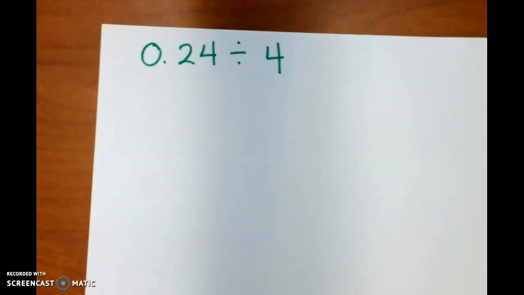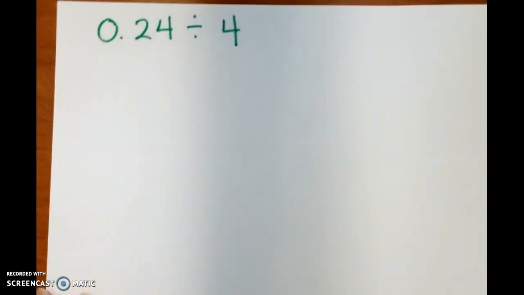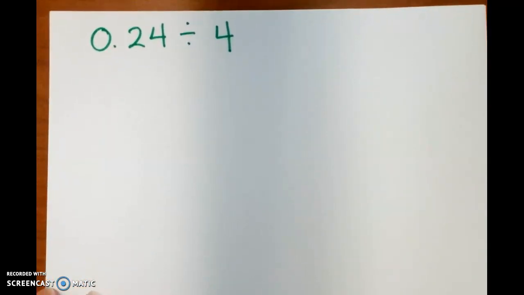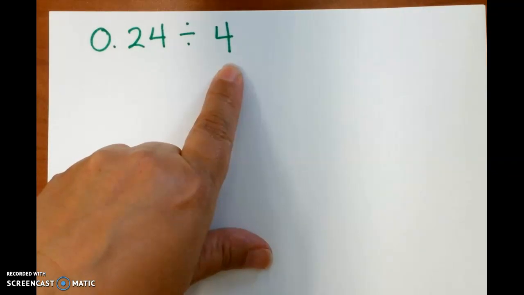Next one, we're going to do the same thing. So I have 24 hundredths. Now, I'm going to divide 24 hundredths by 4.